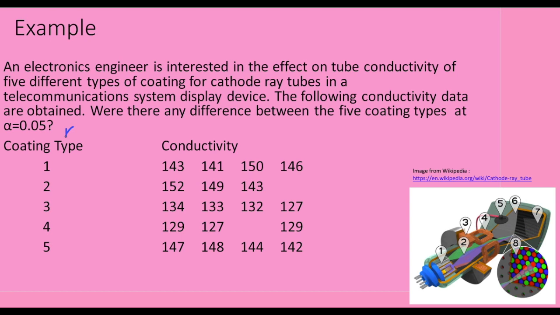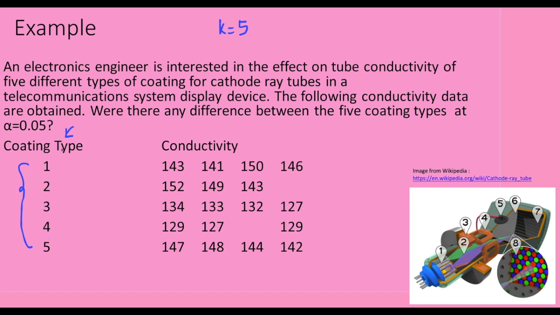There's only one factor, so we'll be conducting the one-way ANOVA. There are 5 levels of treatment or 5 groups. In this case, K is equal to 5 and alpha is 0.05.